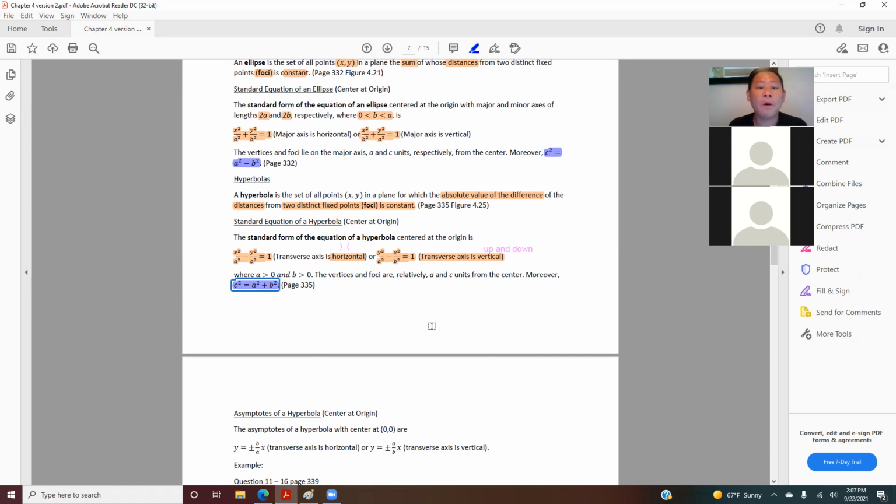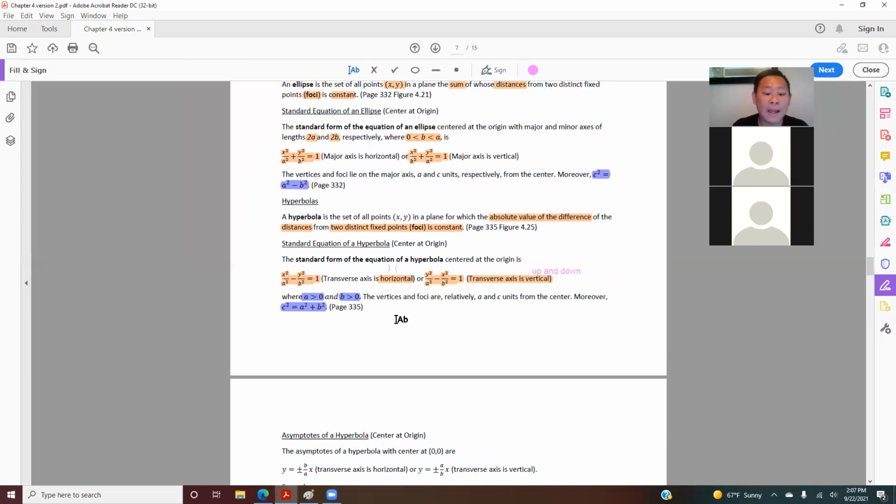Moreover, if you remember in the ellipse, I always say which one is your A and which one is your B: who is bigger. In this case, I always say A is always bigger than B. But for the hyperbola, it does not say anything about A being greater than B. As long as your A and B are positive, that's it.